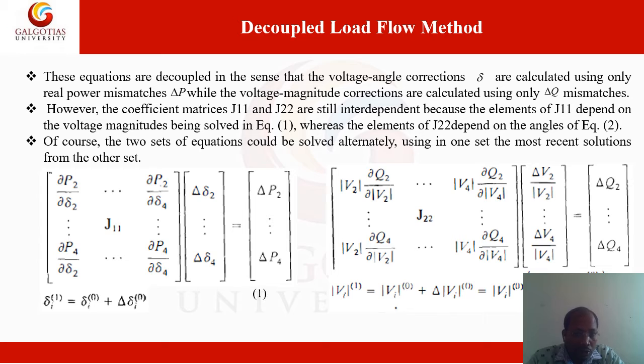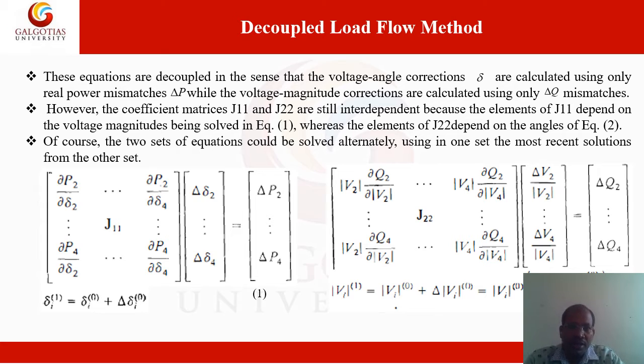When we calculate our partial derivatives with respect to the voltage angle or voltage magnitude, we can see the active power and reactive power depend on these. So only the calculations, in the sense of the voltage angle correction factors del as well as magnitude voltage values, are independent of each other.